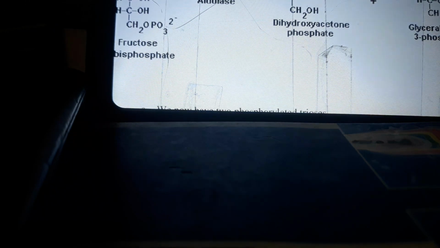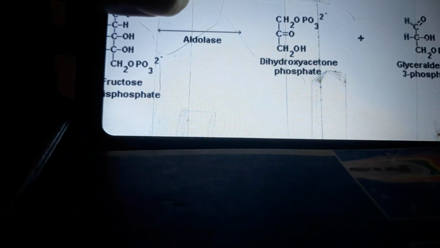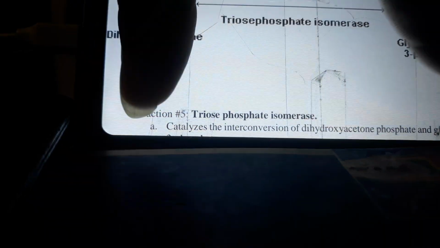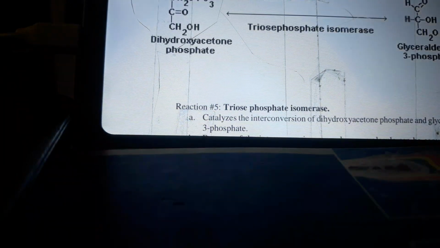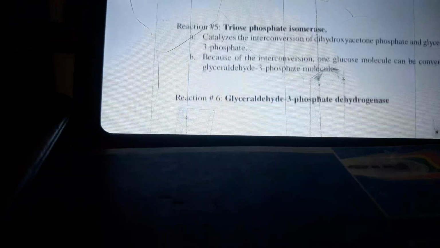And then aldolase reaction, where you have fructose 1,6 biphosphate getting converted to dihydroxyacetone phosphate and glyceraldehyde 3-phosphate. And then you have the action of dihydroxyacetone phosphate in the presence of triose phosphate isomerase to glyceraldehyde 3-phosphate.